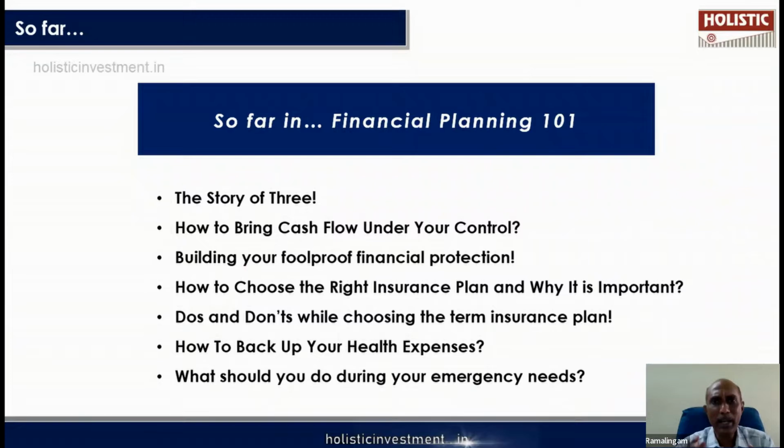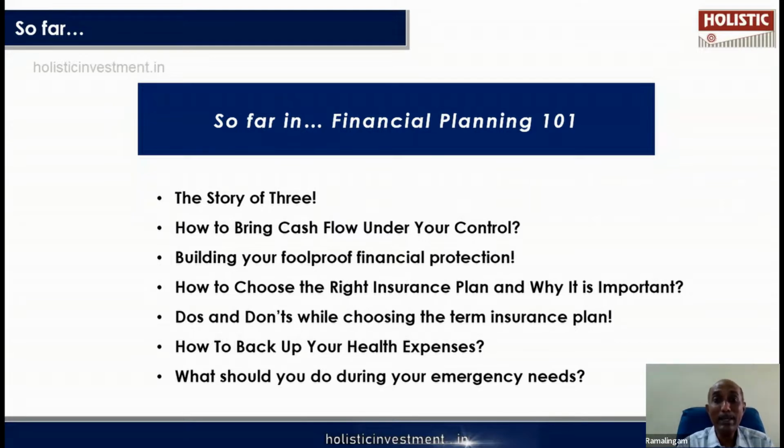So far in our financial planning 101 series, what are all the things we have looked at? I'm going to list down a few. How to bring cash flow under your control, how to create investable surplus, how to create a foolproof financial protection with the help of term insurance, health insurance, and other protection plans.